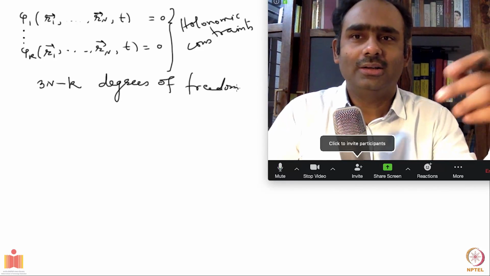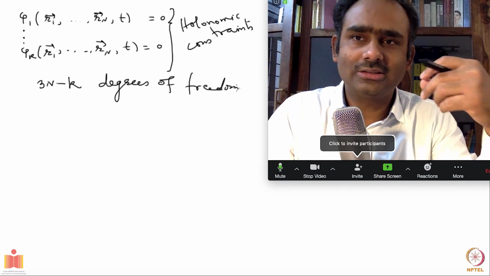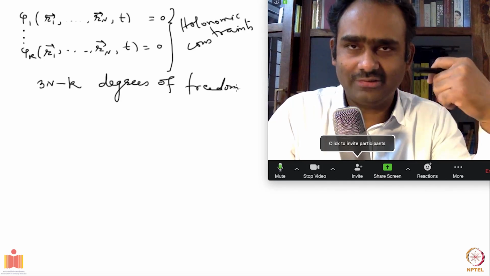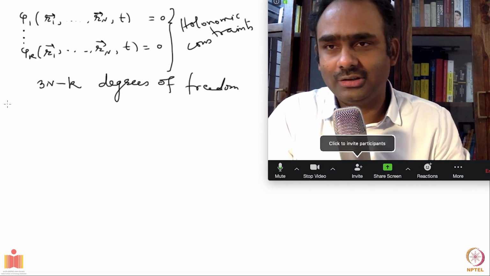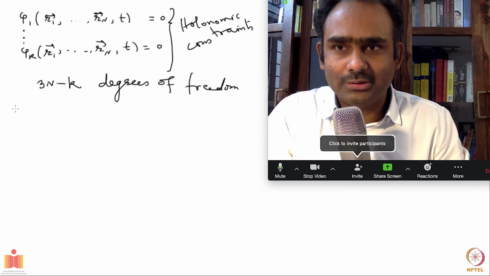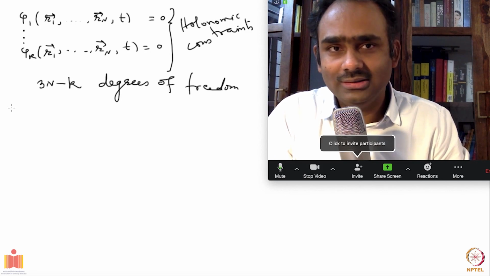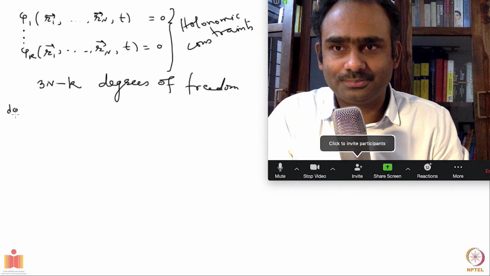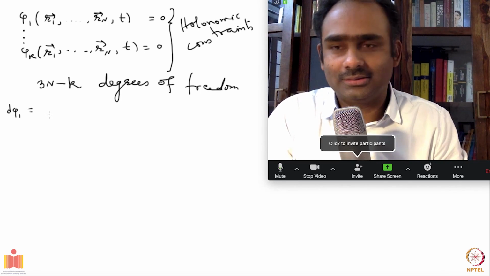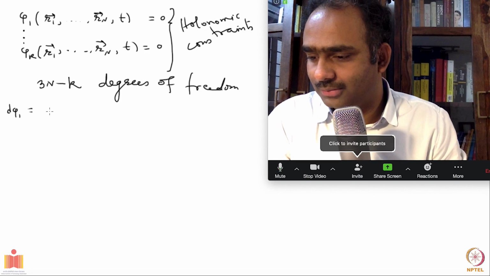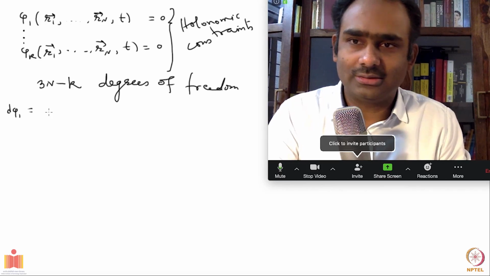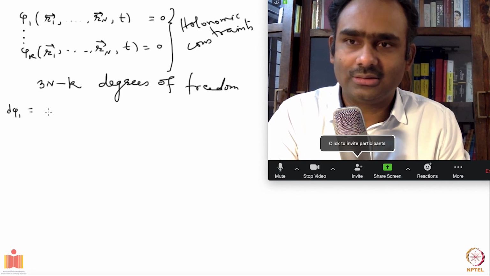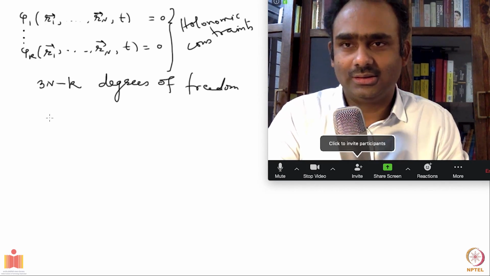Okay. Now let's take the differentials of these k functions and write the differential forms. So if you look at the first one, phi 1, I will be able to write d phi 1, which will be 0, as the following, just like what I did before. Maybe let me introduce a slight notation before I write this.